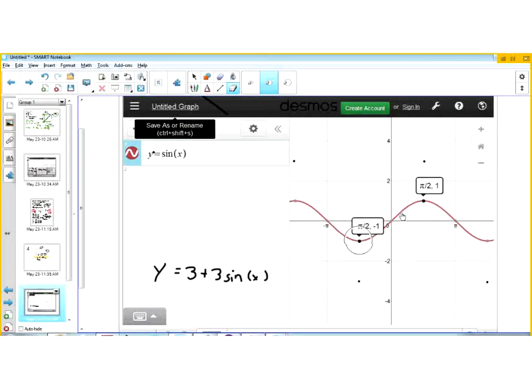So let me erase that. Perhaps I should change color so they won't be confused. So we're going to connect the dots here, here, here, here, and here to accomplish the vertical stretch. So we would anticipate that this would be 3 sine x, like this.